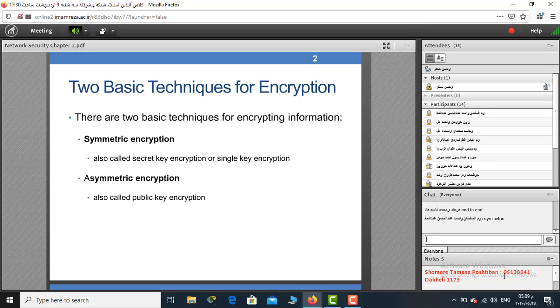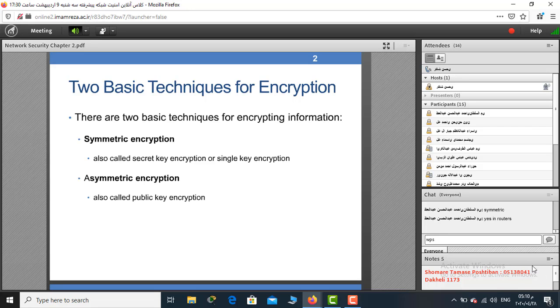Have you ever heard about RSA or AES or, for example, DES, or in modems, WPA? These are several types of encryption algorithms. Yes, in routers, in modems, in software.